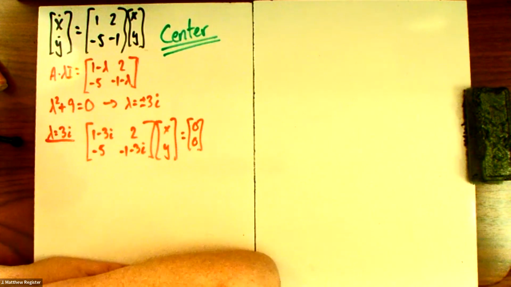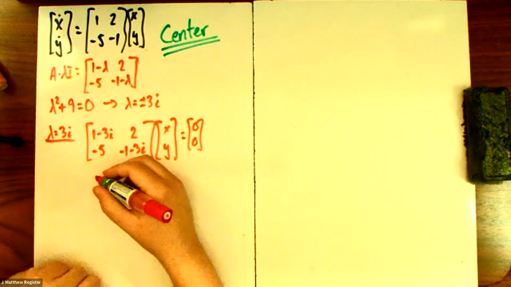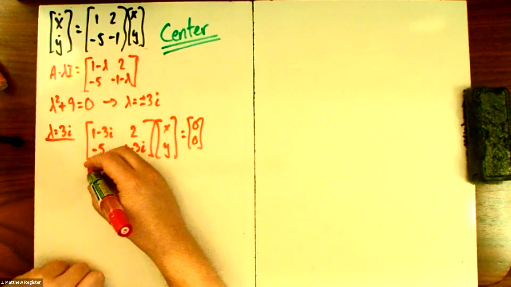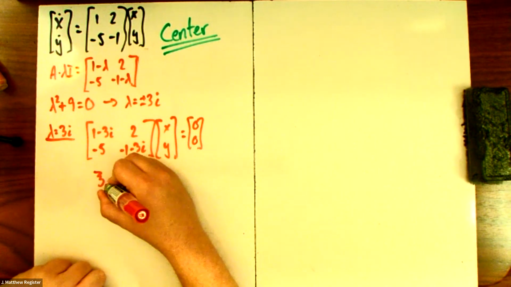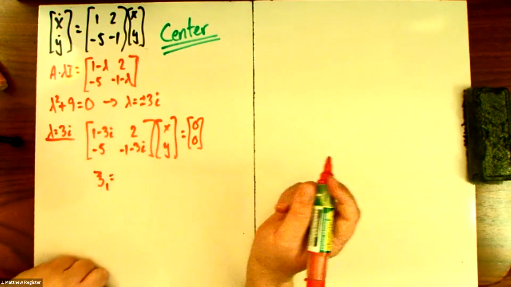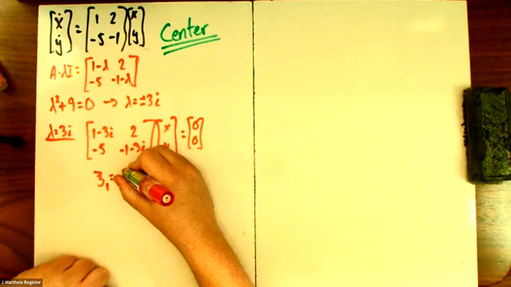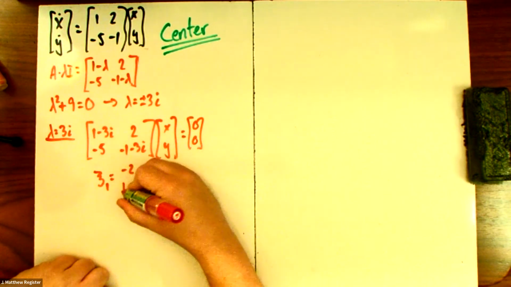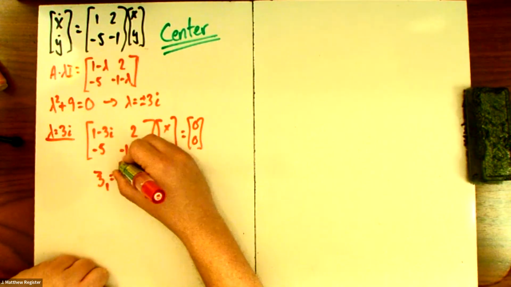Again, you can choose the top row or the bottom row. It does not matter. I'll use the top row because the numbers look a little smaller. And we will get our eigenvector as being equal to negative 2 and then 1 minus 3i.